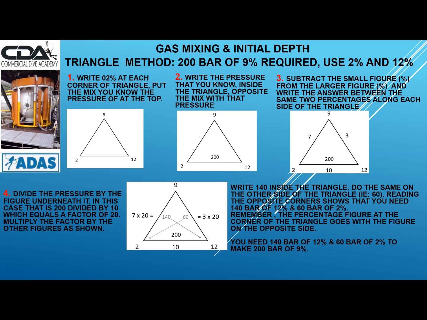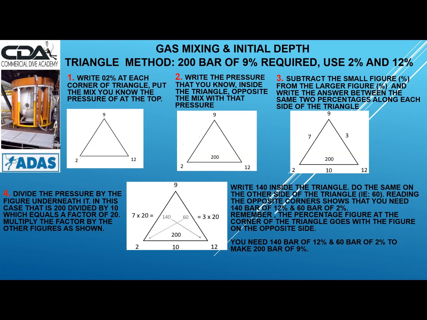So we know we're going for 9% and we've got 12 and 2%. That can be on either side, it doesn't matter. Step 2, write the pressure that you know inside the triangle opposite the mix with that pressure. So you know it's 200 bar, so let's put that between the 12 and the 2, below the 9% which we are looking for.